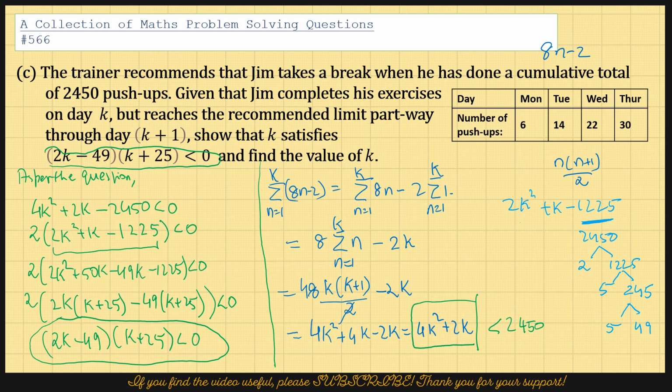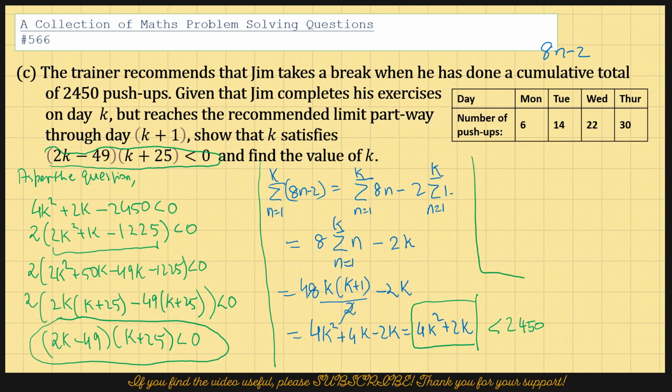So we have got our required expression. Now we need to work out the value of k. k plus 25 cannot be less than 0, because k cannot be negative. As you can see, k squared being positive, if you were to do a graph, it would be a U-shaped graph.